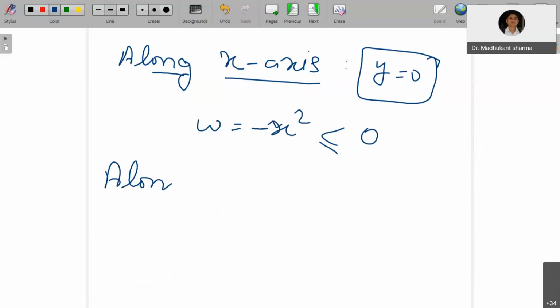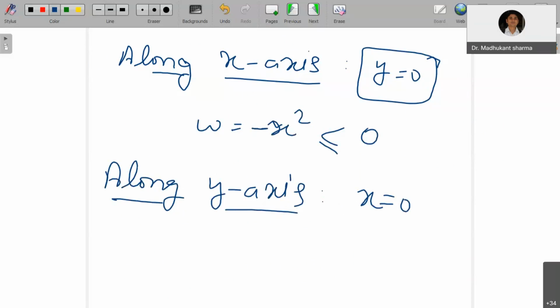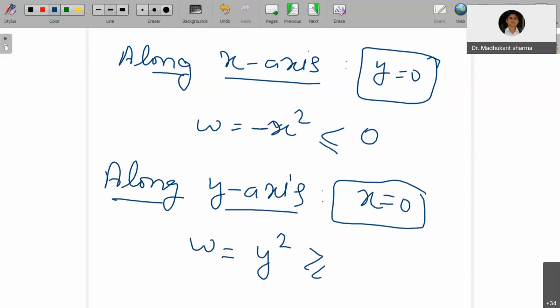Along the y-axis, x equals 0, so w equals y square, which is greater than or equal to 0. So there are infinitely many points. You take any disk centered at the origin, and some of the points will fall on the x-axis and some on the y-axis.